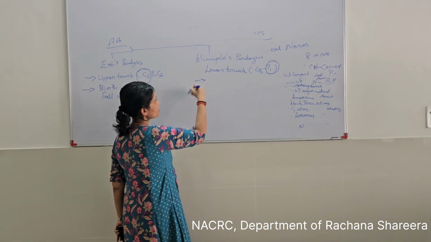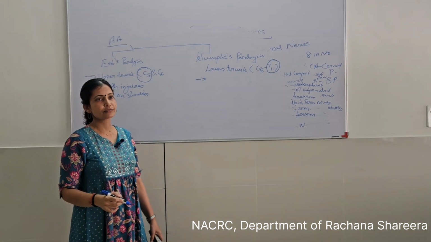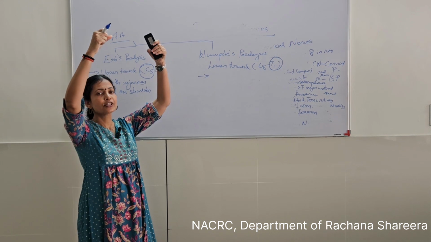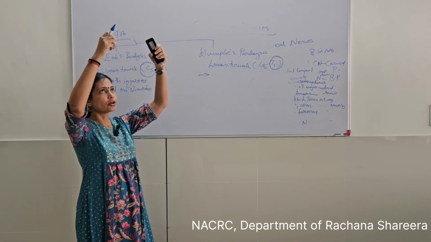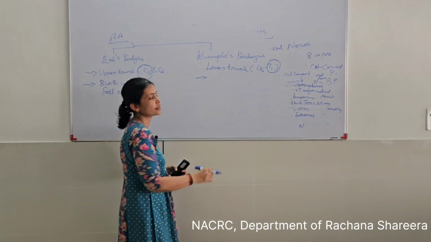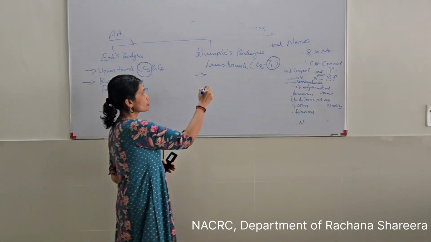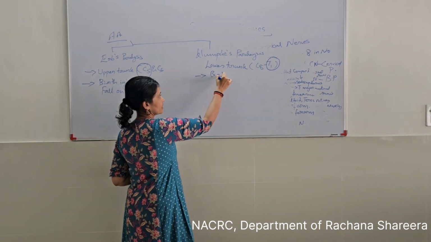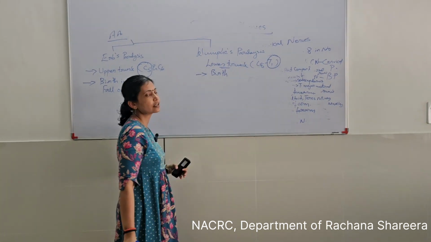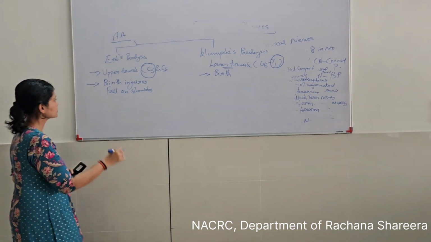And in Klumpke's paralysis, it occurs when we fall downwards and we try to pull an object, or we try to pull something. At that time, our lower trunk is affected. Also sometimes birth injury. At the time of birth also, it can affect the lower trunk.